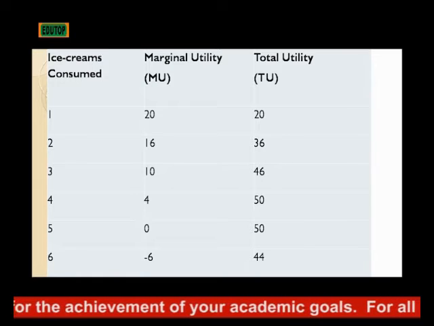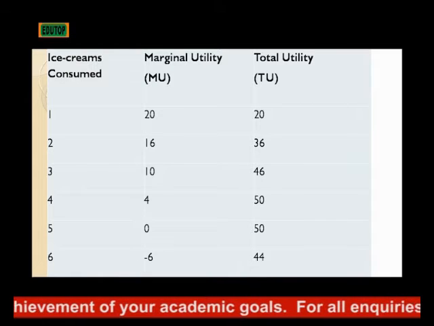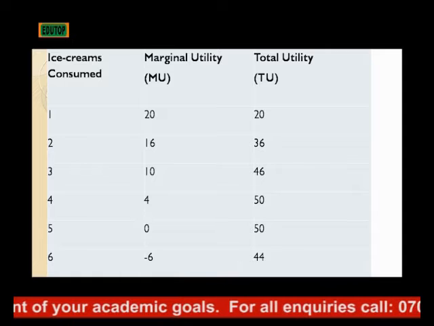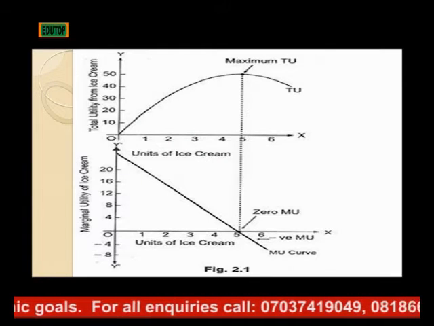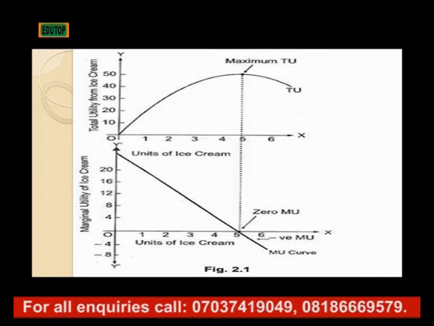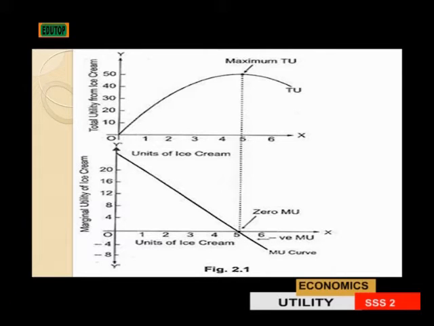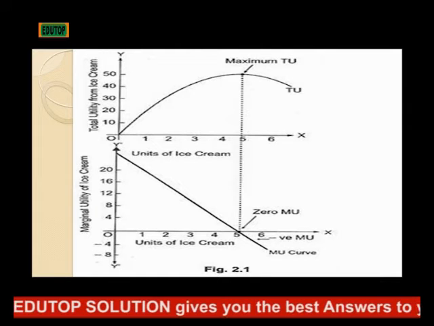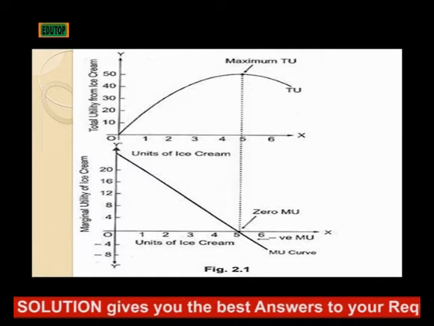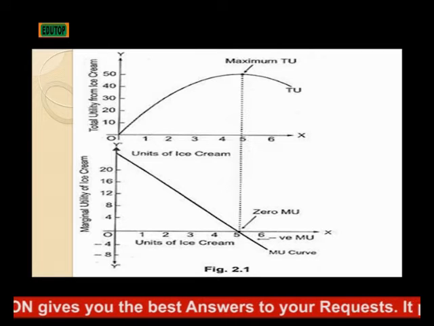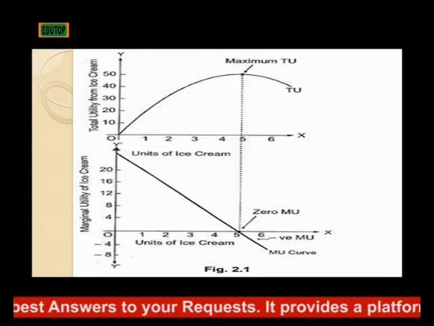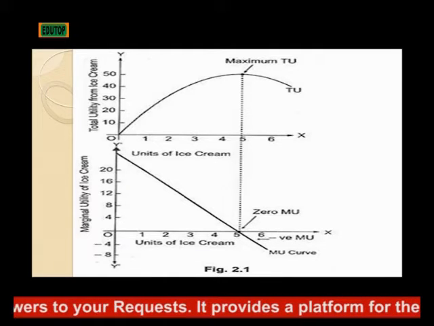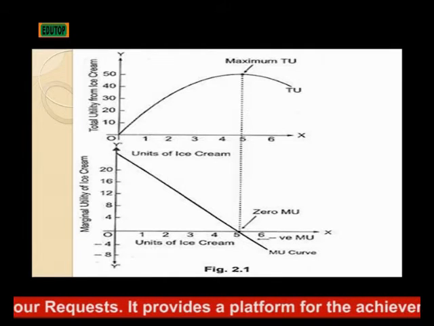And the table that has been shown can be represented in this diagram, which is the graph showing the relationship between marginal utility and total utility. The first at the top is showing the graph of the total utility, how the utility of the consumer was increasing little by little until it reaches the highest point.